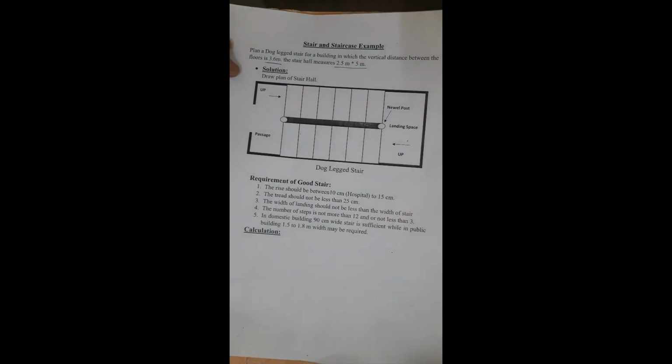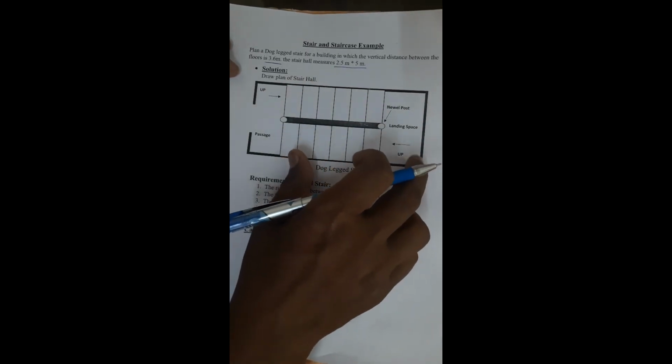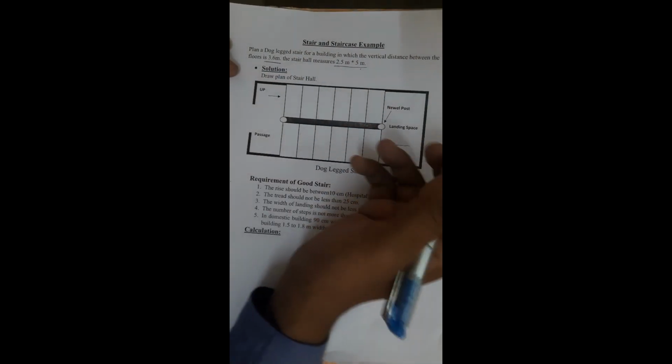So the dimensions for providing the stair and staircase are given, 2.5 meter to 5 meter, and the floor height is also given: going from one floor to the second floor is 3.6 meter.